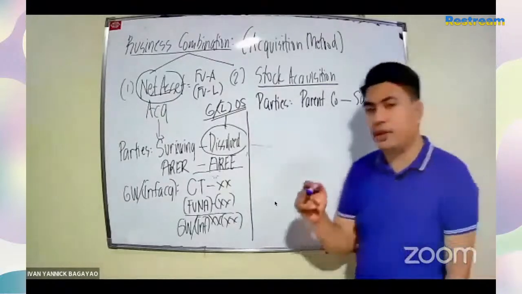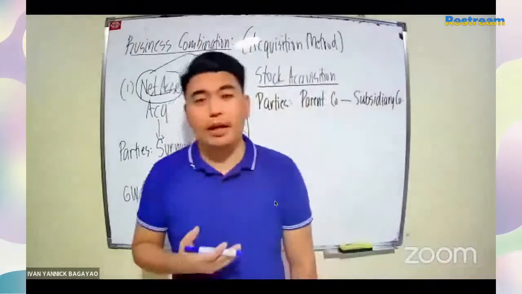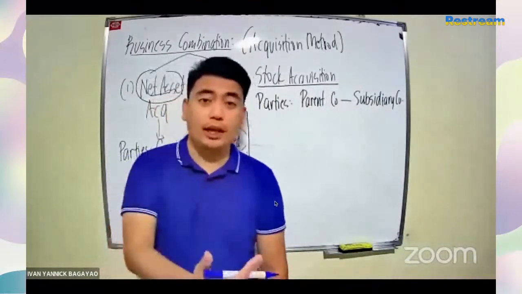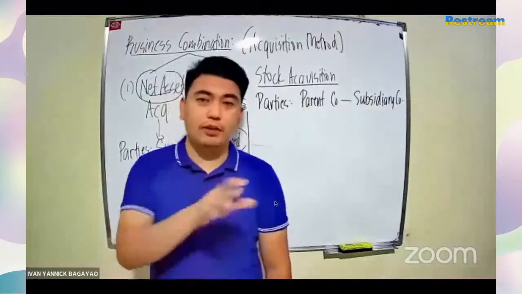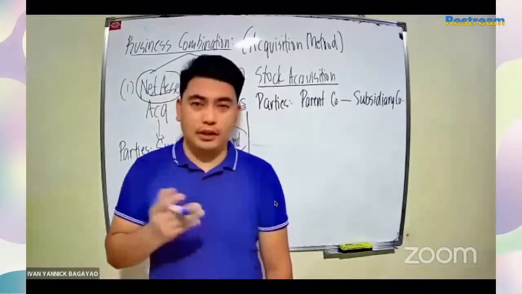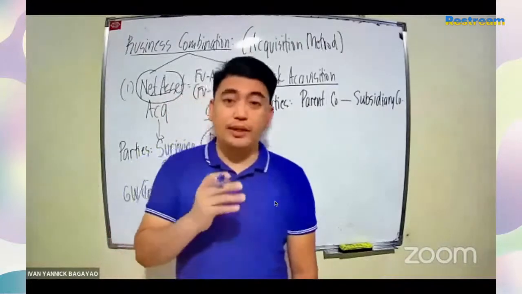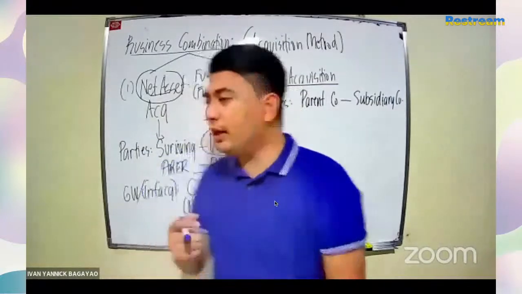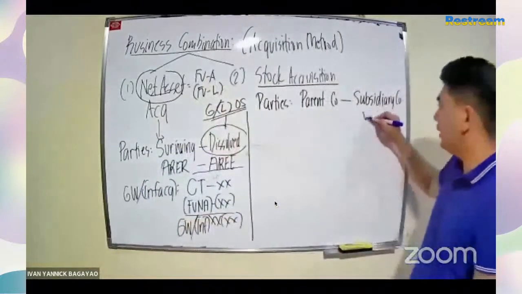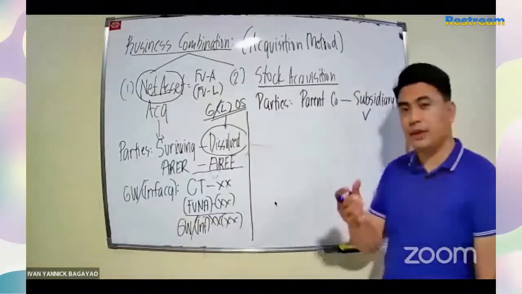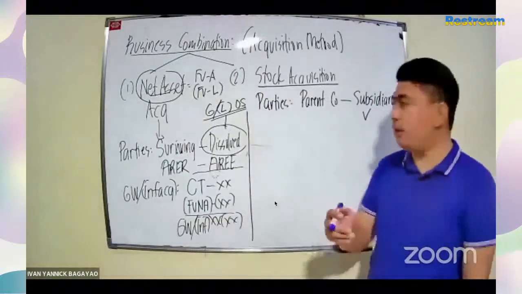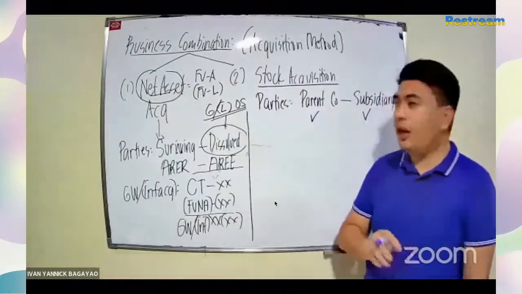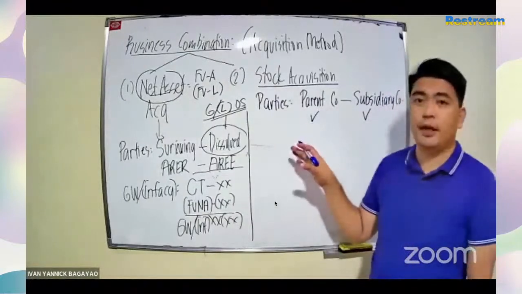An example of this, class, is Jollibee Food Corporation and Chowking, or Jollibee Food Corporation and Greenwich. The subsidiaries still exist, so I will put a check, existing. In fact, the subsidiary will submit its separate FS. The parent company is also existing, so nothing is dissolved here.